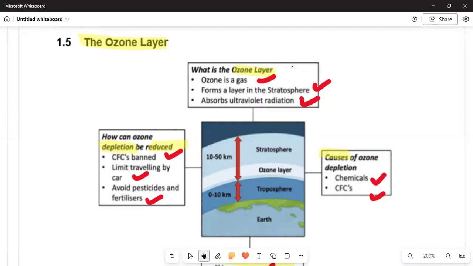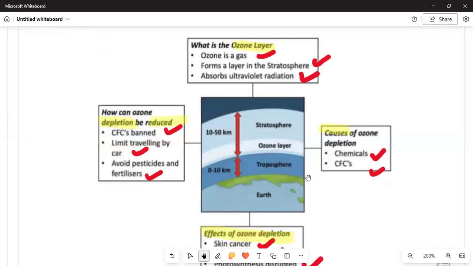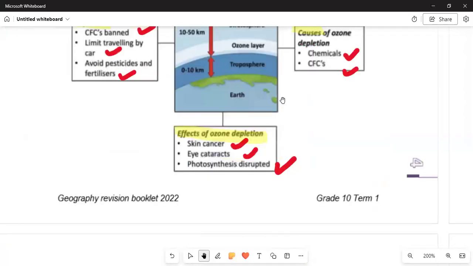To limit the traveling of cars, the government authority must make a plan. And then number 2, we are saying to avoid pesticides. Let us understand that the ozone depletion is caused by the chemicals, these CFCs.